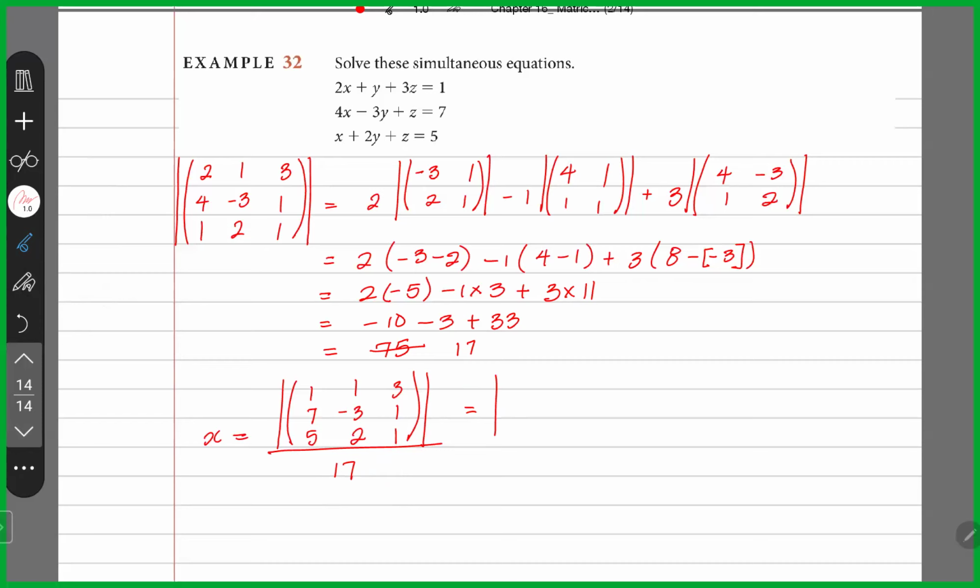So this becomes 1, the determinant of minus 3, 2, 1, 1. Somebody, Nathan, is saying it's not 17, it's 20.